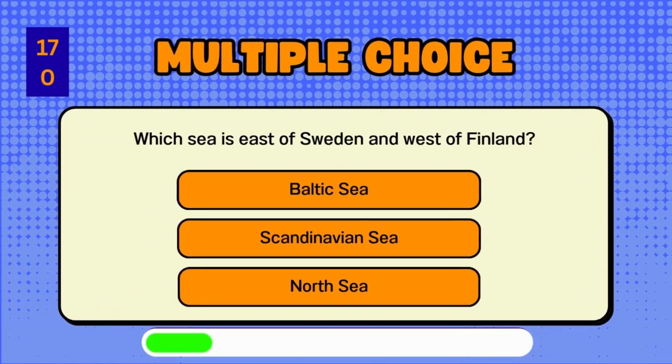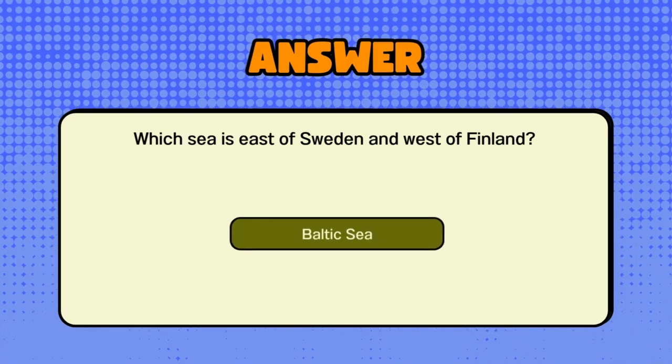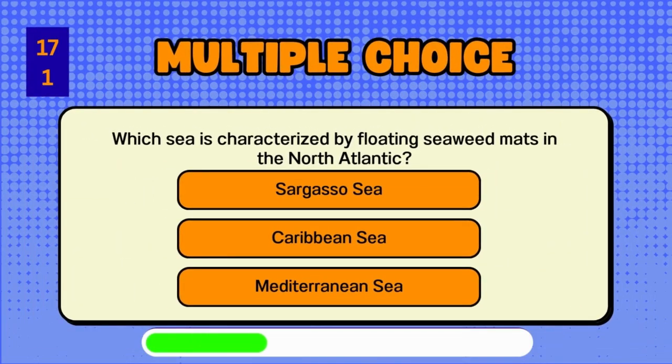Which sea is east of Sweden and west of Finland? Which sea is characterized by floating seaweed mats in the North Atlantic?